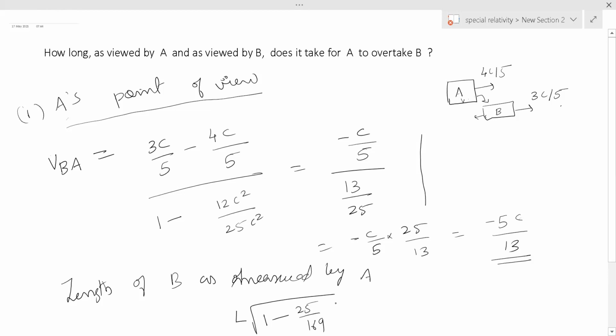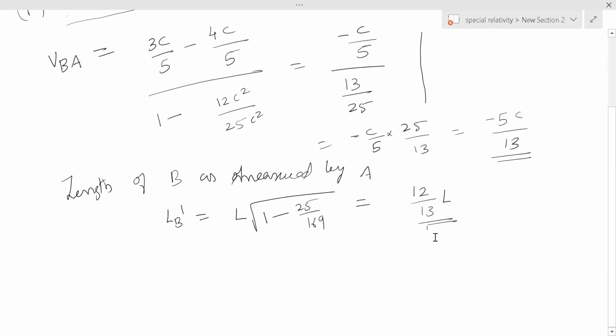Because the proper length is given as L, we can write this as L B prime, with respect to A. This is equal to the square root of 169 minus 25, which is 144, so that's 12 by 13 L. Am I right? Yes. So B has this length.